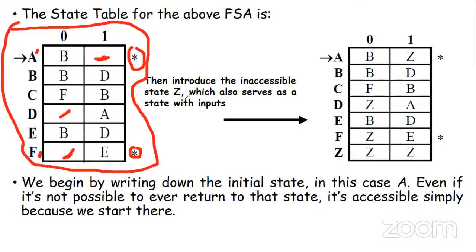Which is Z, which also serves as a state with input. So it now becomes a state with input, right? So you have the new diagram to be A with this.